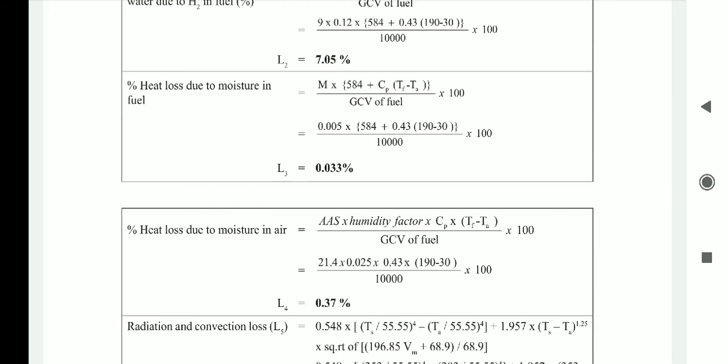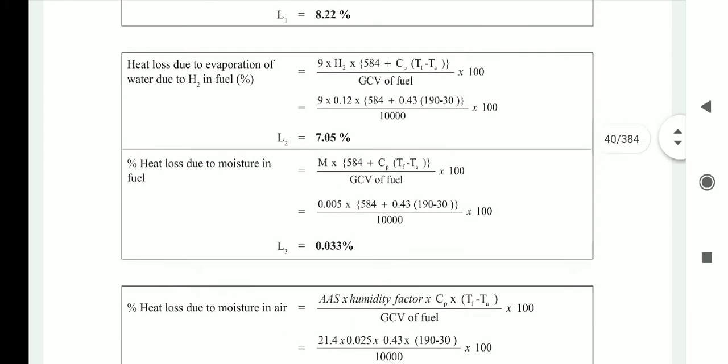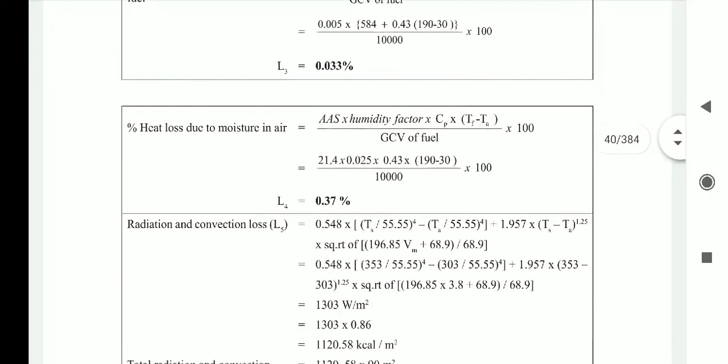In the last three steps, the Cp is Cp of steam, which is equal to 0.43 kilocalories per kg Kelvin. Then percentage of heat loss due to moisture in air.